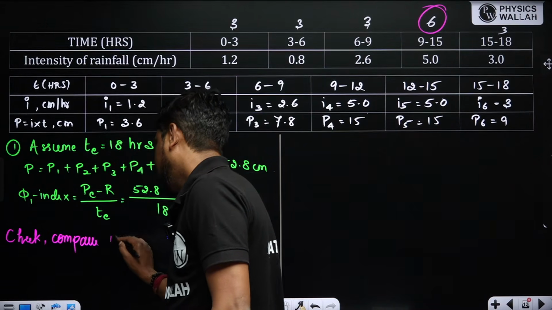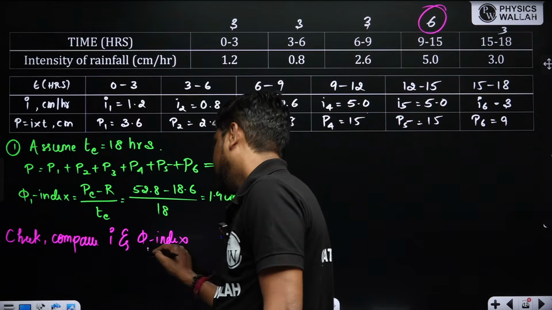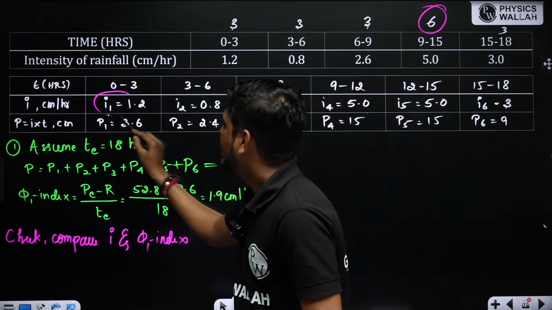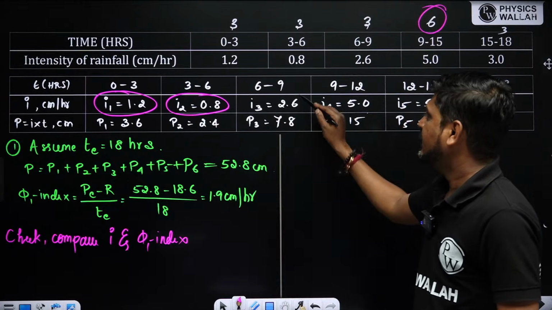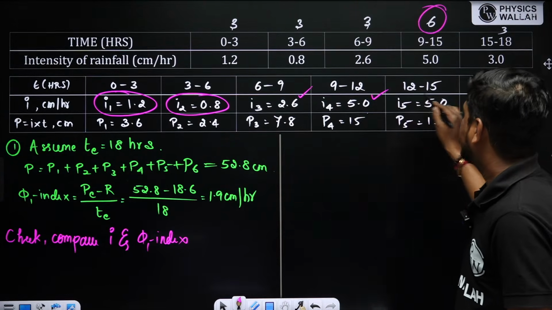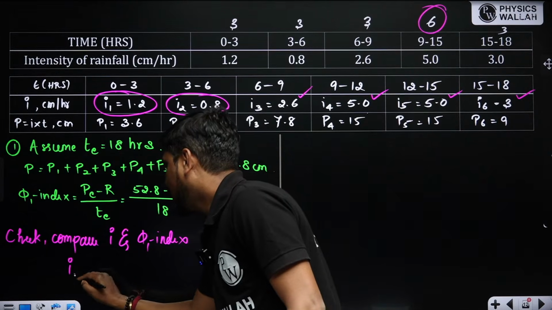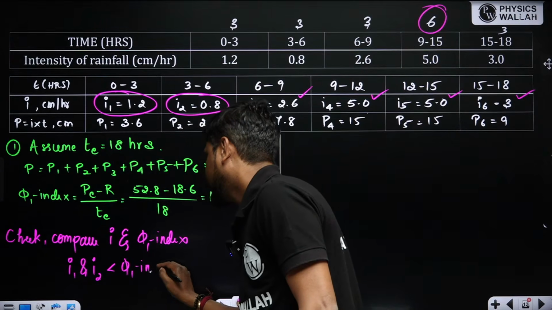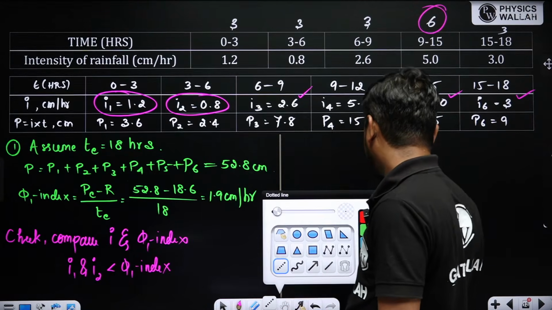Compare intensities and phi index. Now when you compare, you can see here I1 and I2 both are less than phi index. This is greater, this is greater, this is greater, this is greater. So I1 and I2 less than phi index, they don't produce runoff. So you have to remove these.